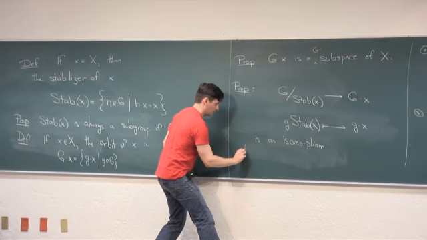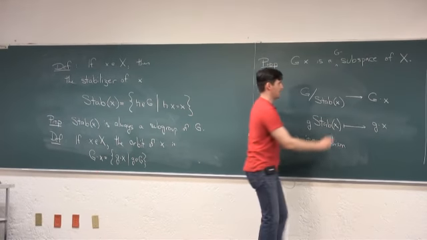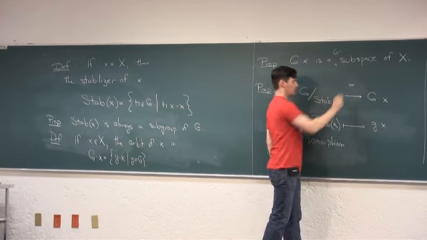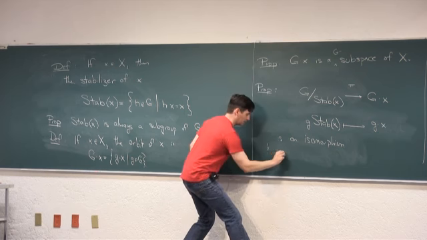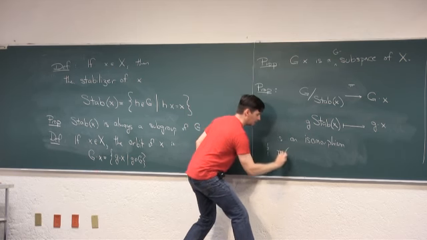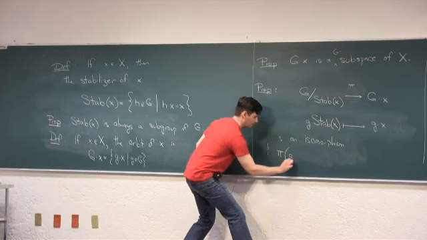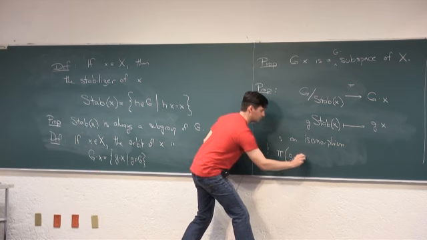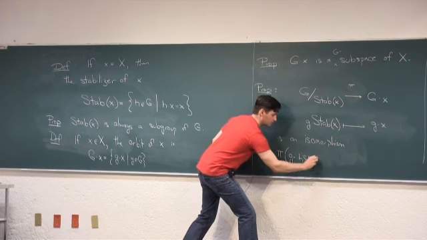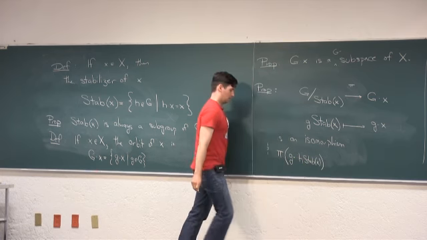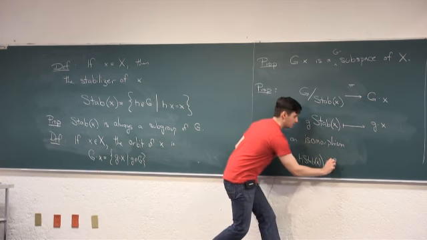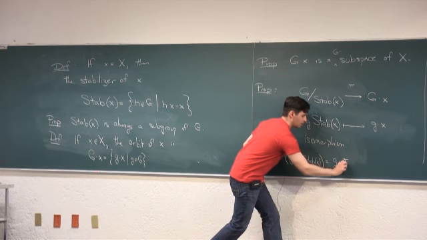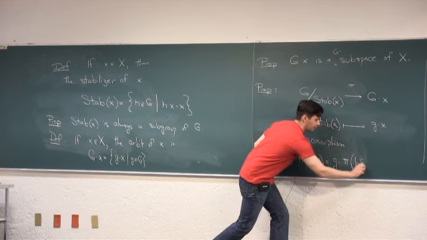Let me give this a name, pi. If I look at pi of G times some coset, this is the same thing as G times pi of that coset.